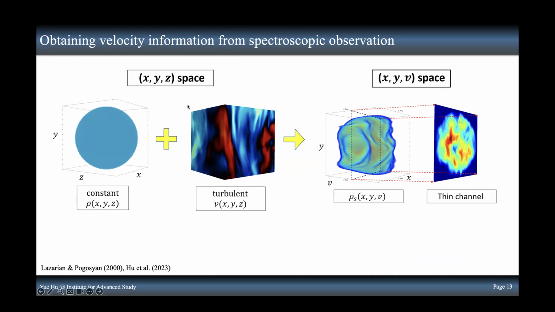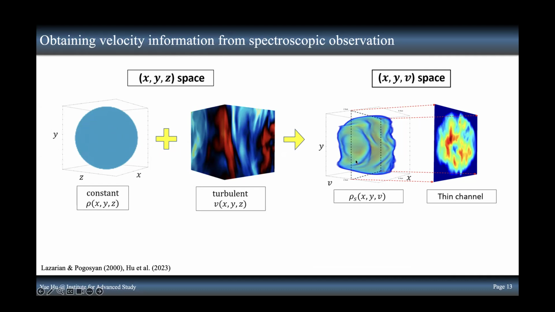In the left panel, I set up a constant density sphere in real XYZ space, and I assign this constant-density sphere a turbulent velocity. Using this real-space setup, I transfer it to velocity space, which makes the spectroscopic position-position-velocity space. We can see that the constant density sphere, after being transferred to velocity space, is highly distorted. It's no longer just a sphere.